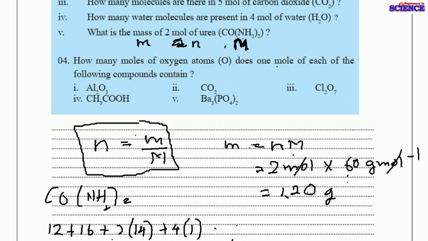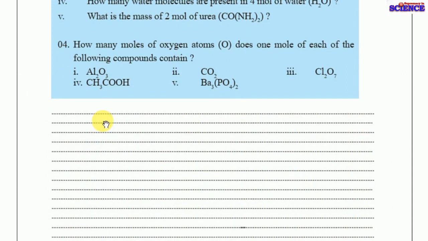Now we go for small concept questions. Here they are asking how many moles of oxygen atoms does 1 mole of each of the following compounds contain? Here in this question, understand the thing properly, they are asking for the number of oxygen atoms.